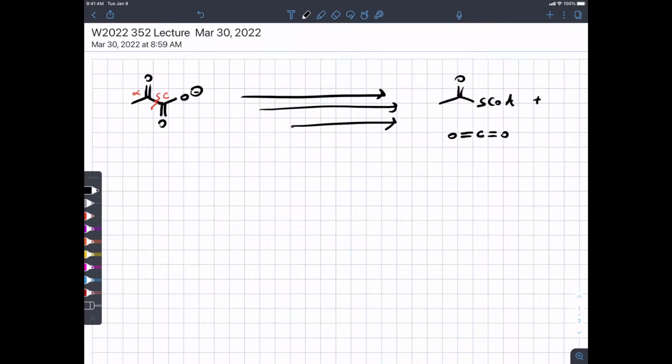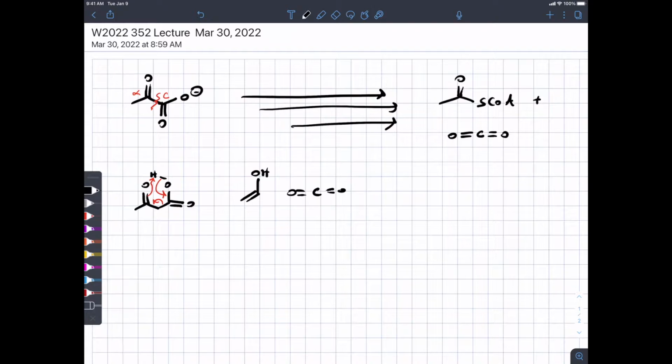If it were a beta keto acid, that would be easier, right? You've seen decarboxylation reactions like this, in the malonic ester and acetoacetic ester synthesis in the earlier part of the class, where CO2 could leave and you could generate an enol, which would then tautomerize to the ketone, right?